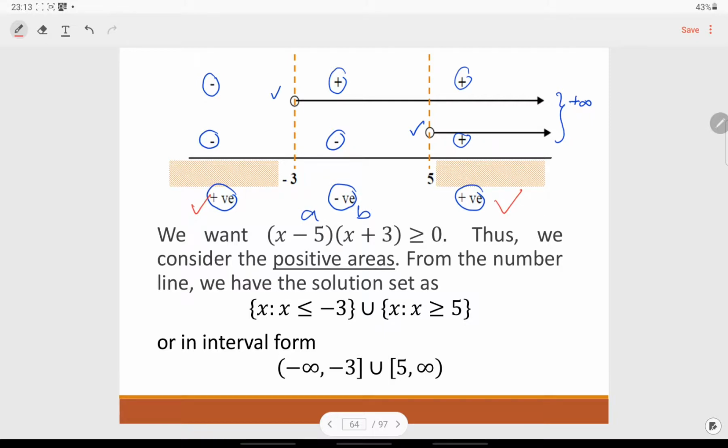Because the positive area is here, it moves in this direction, and because the positive area is here, it moves in this direction. So we have the following set as the solution: x is less than or equal to negative 3, and x is greater than or equal to 5. So this is the solution when we use the number line method.